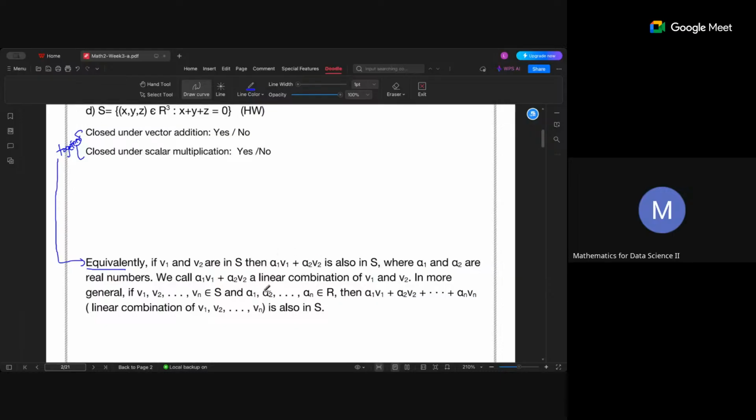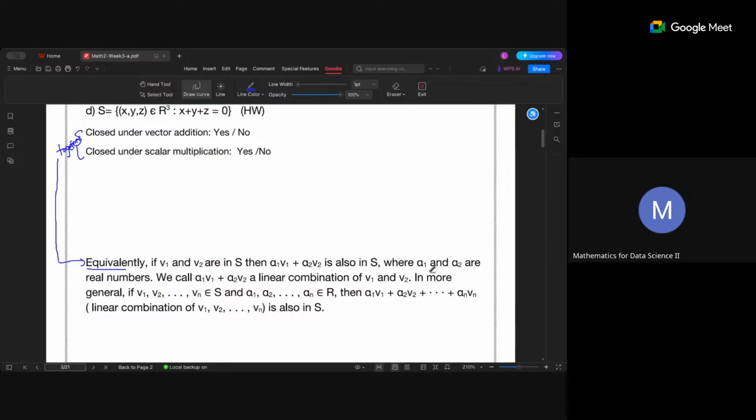Such an operation is called a linear combination. We will see it in more detail soon. So a linear combination is a combination of vector addition and scalar multiplication. This is called a linear combination of which vectors?